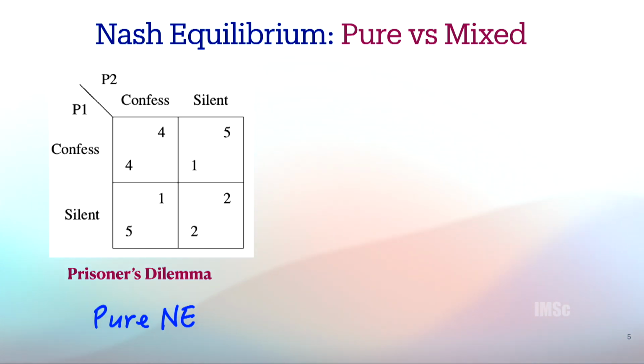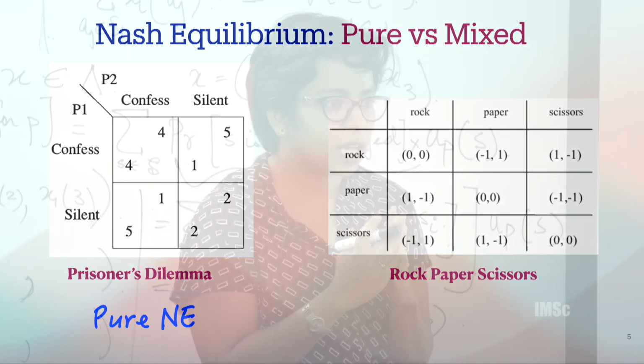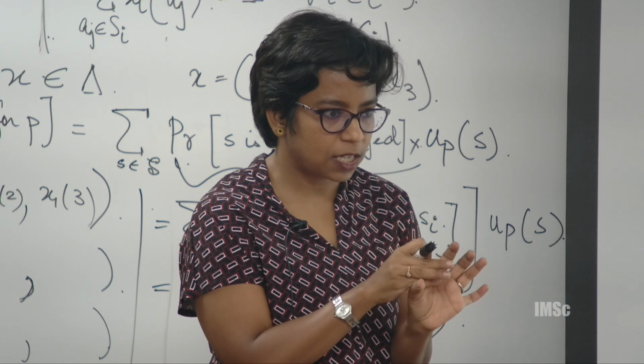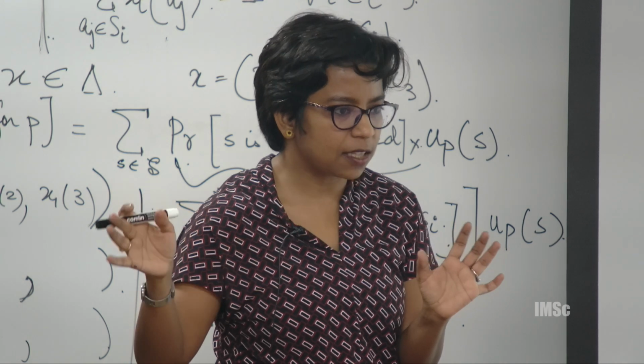There is literally a pair of actions these players can play which gives them the best possible payoff. So what is the dominant strategy? A dominant strategy is one you can play irrespective of what all others are doing, in the sense that it will give you at least as much payoff as anything else, versus anything the other people do.